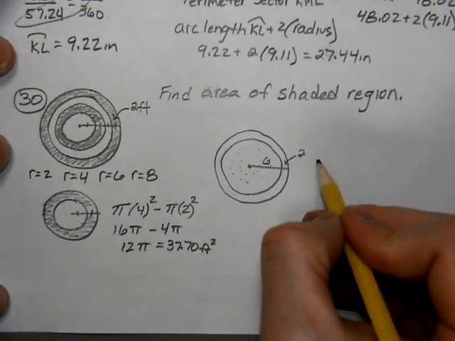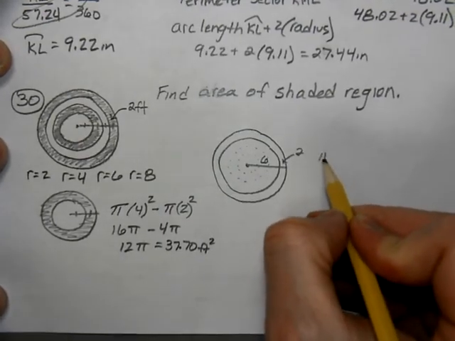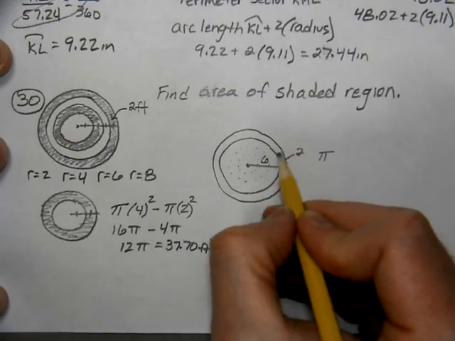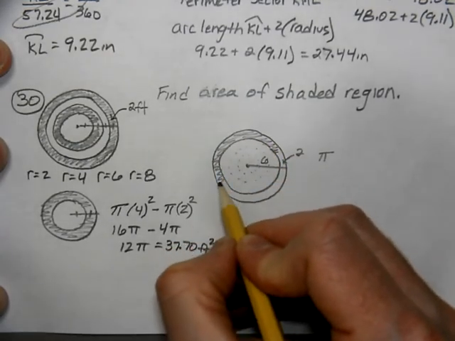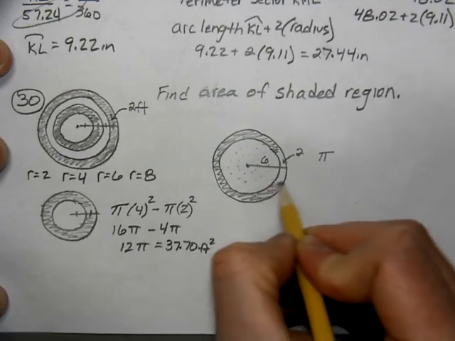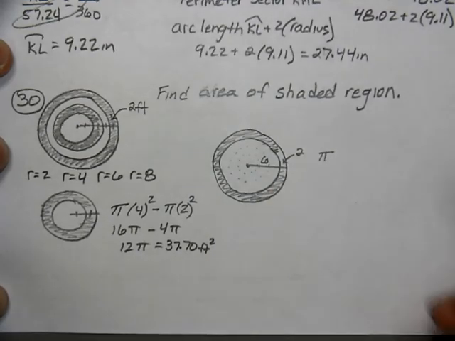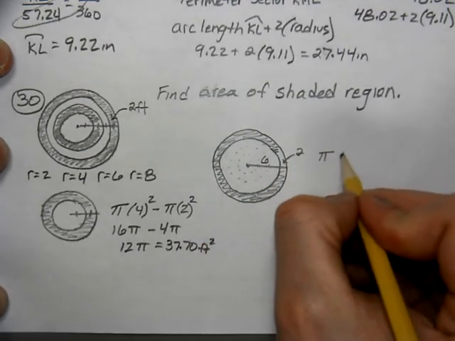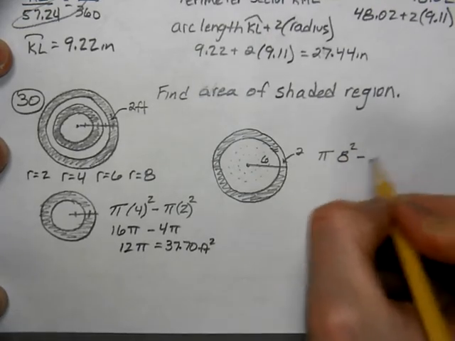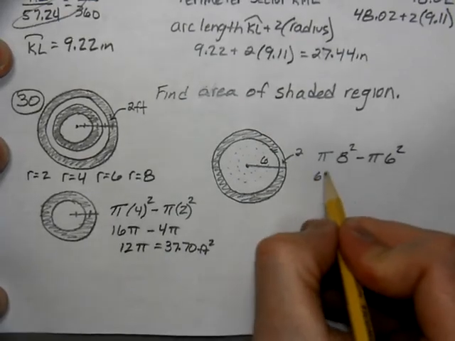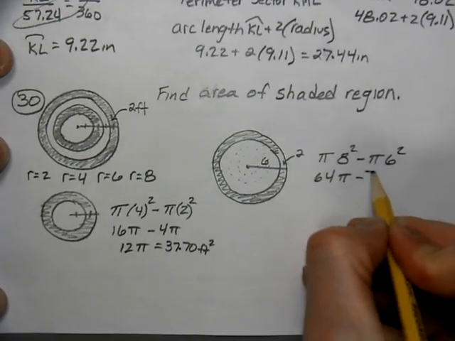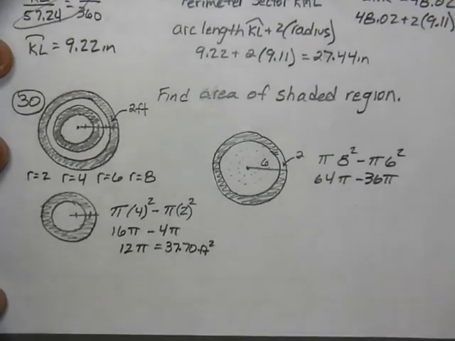So I'm going to take pi r squared, the bigger circle, we're looking for this area, pi 8 squared minus pi 6 squared. That's 64 pi minus 36 pi.